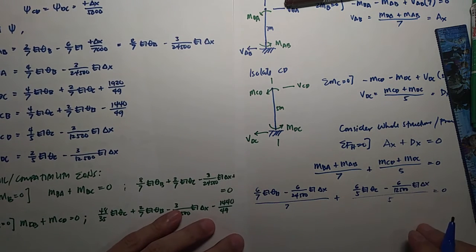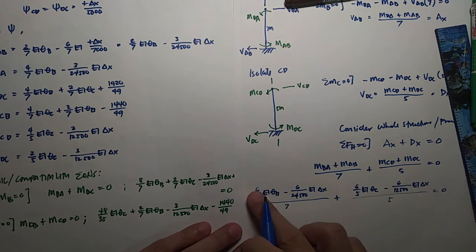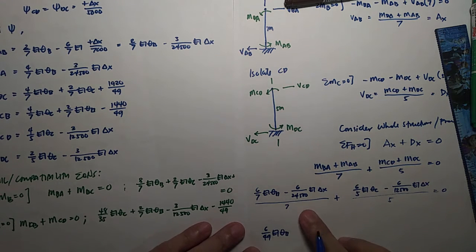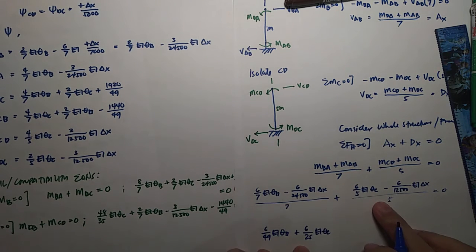Okay? So, simplifying this, so this would become 6 over 7 is 49. 6 over 49 EI theta B. Then, this one naman is 6 over 25. 6 over 25 EI theta C. Then this EI delta X, I'm going to add them.